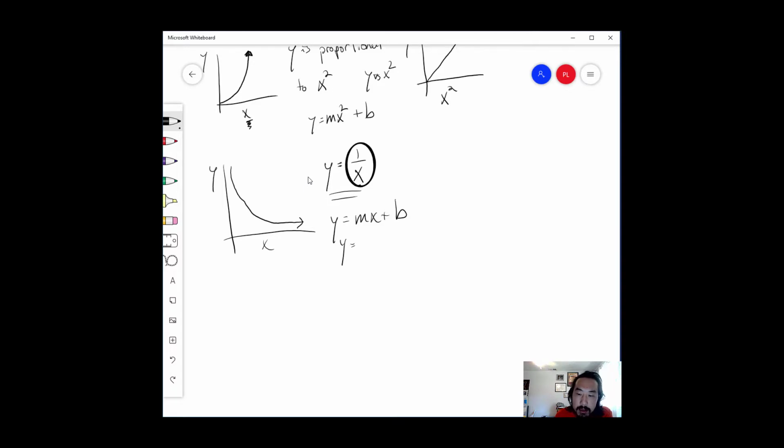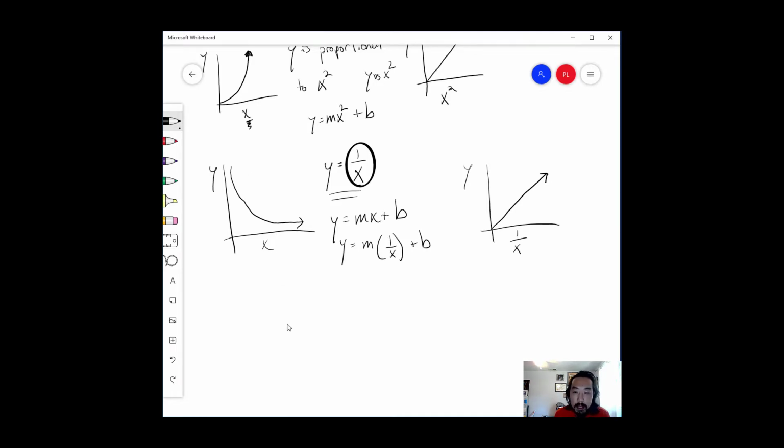So we will plot y is equal to m times 1 over x plus b. We will get all of our x's, put the values over 1, and replot it. Your new data set will give you a linear line. Once again, our x-axis is the relationship, so it'll be 1 over x.